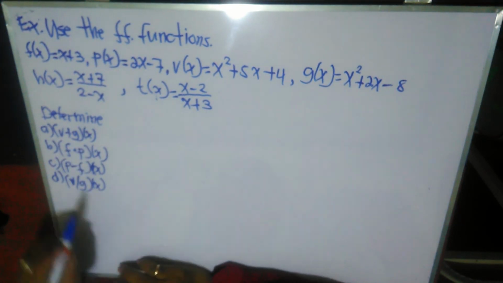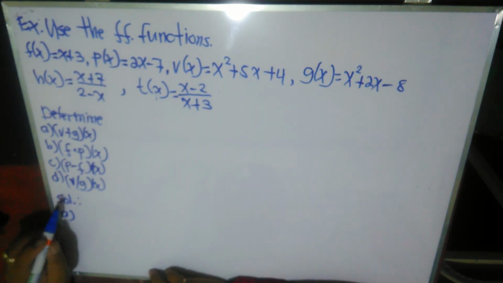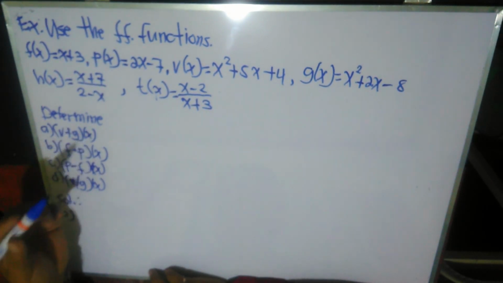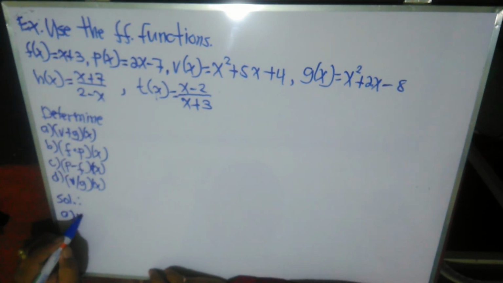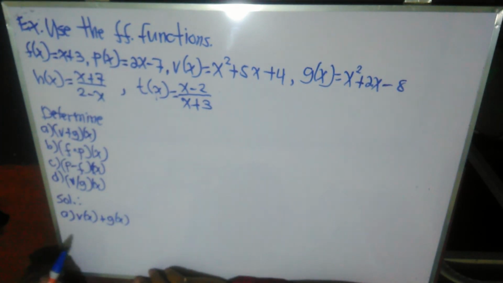Okay, so this is the solution of letter A. Since it is the sum, by definition it becomes v of x plus g of x.